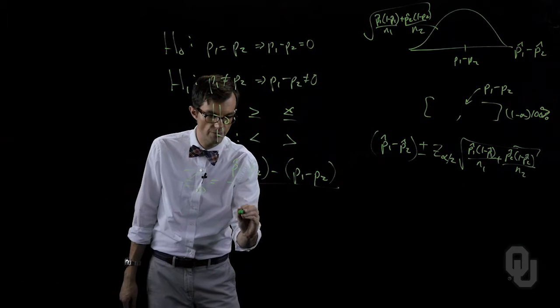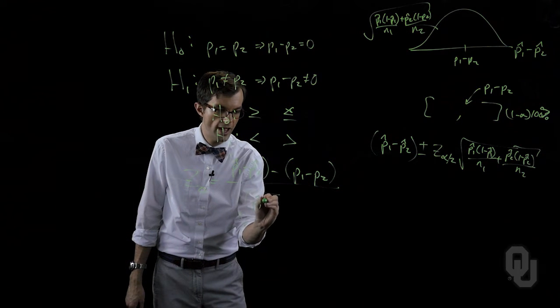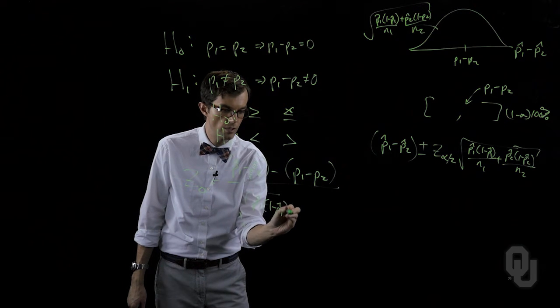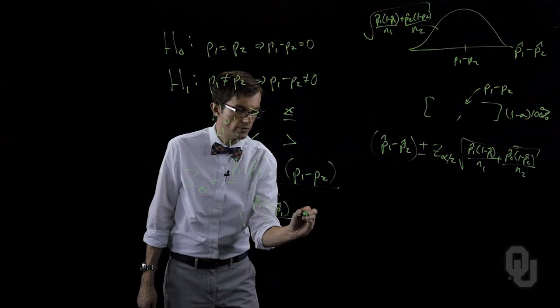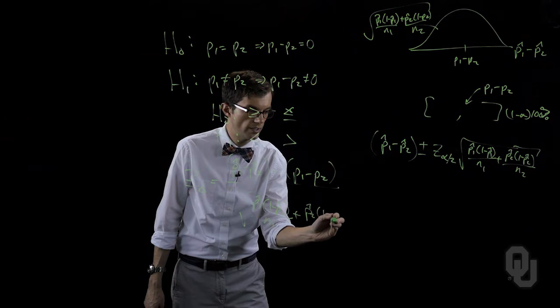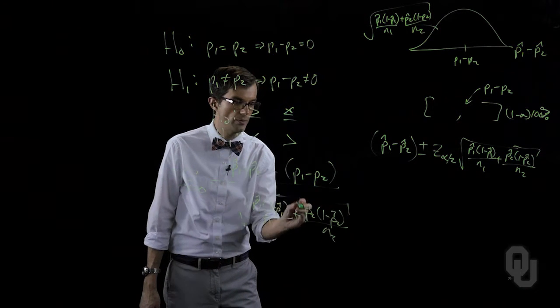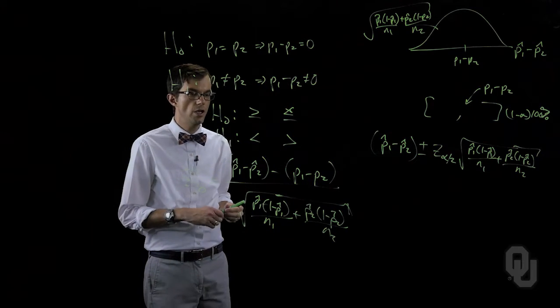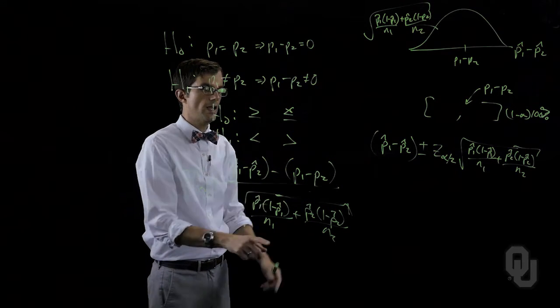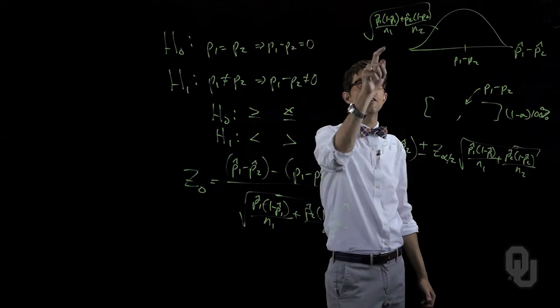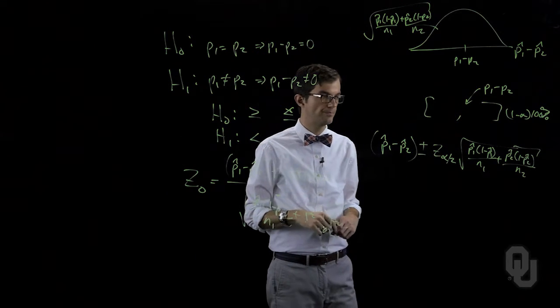Okay, there's our standard deviation: the square root of P1 hat times 1 minus P1 hat over N1 plus P2 hat times 1 minus P2 hat all over N2. So how different is this thing from this thing in standard deviation units, where our standard deviation is from the standard deviation of the sampling distribution?